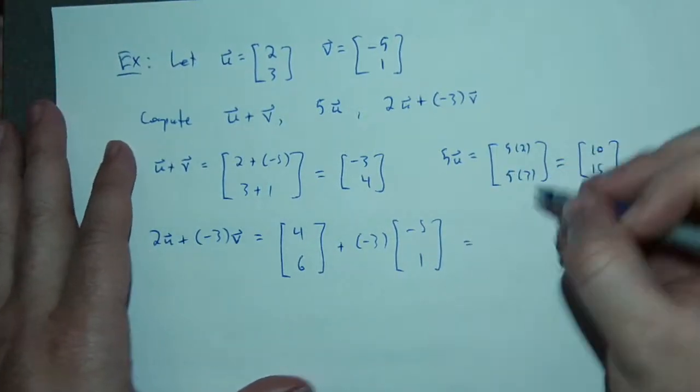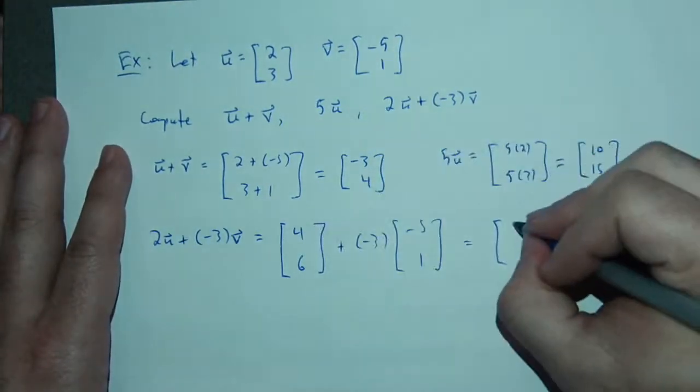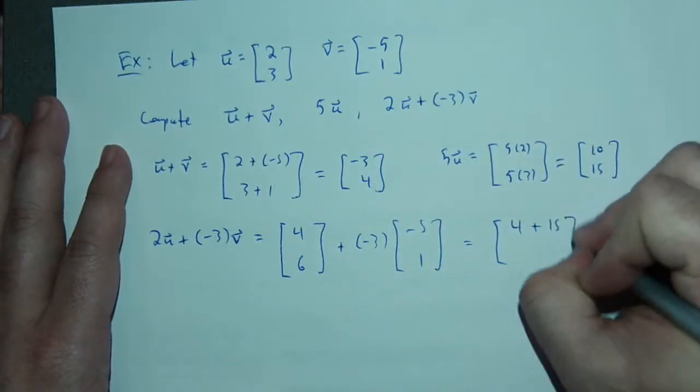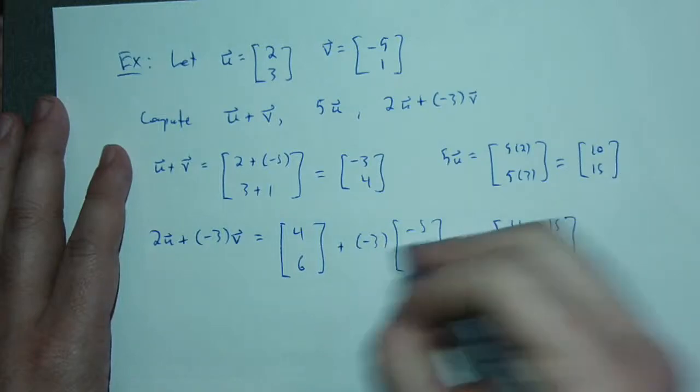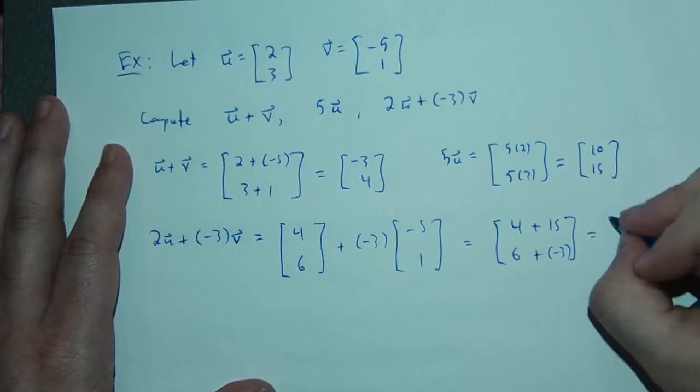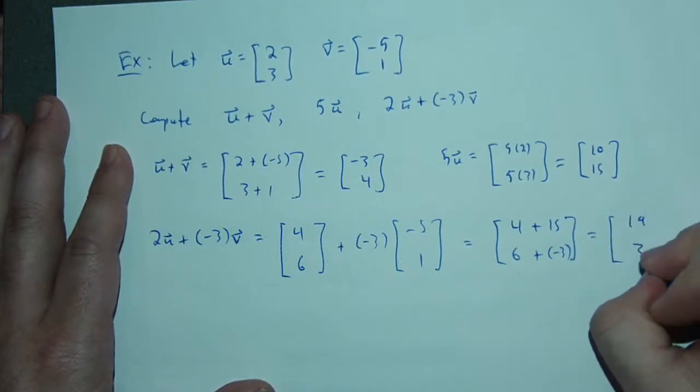So this is going to be 4 plus 15 and 6 plus -3. So this is (19, 3).